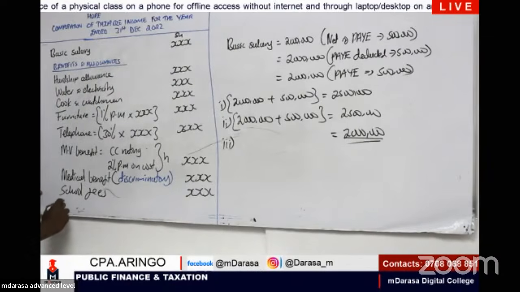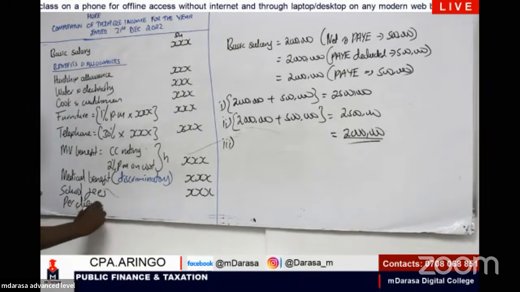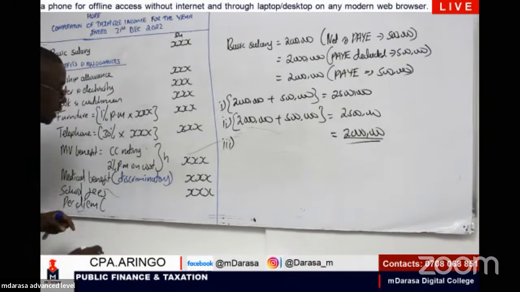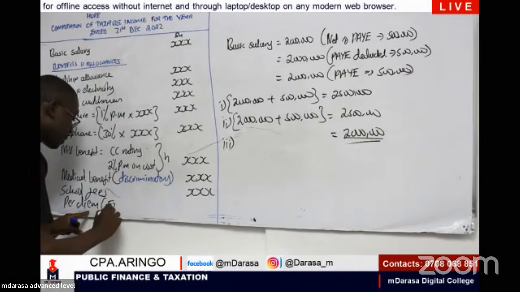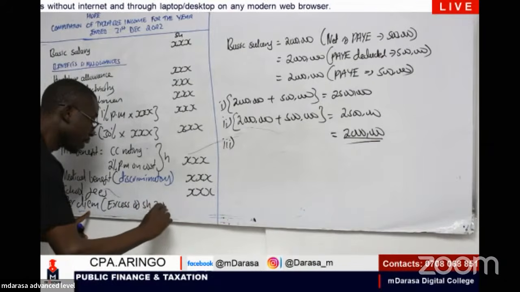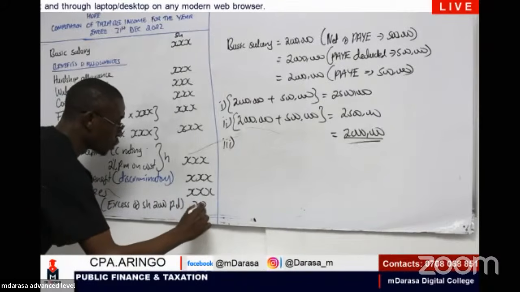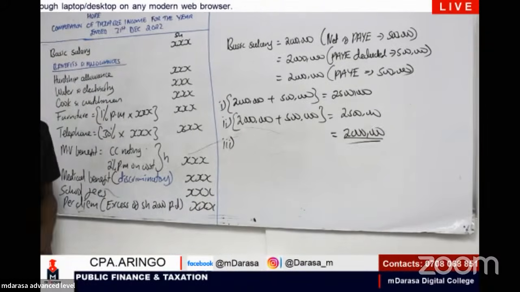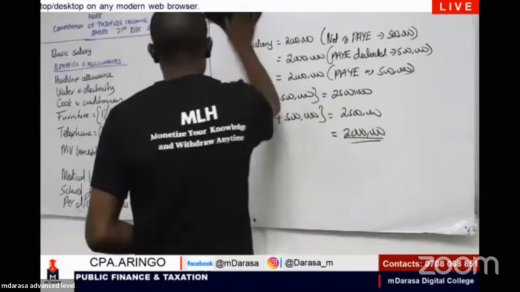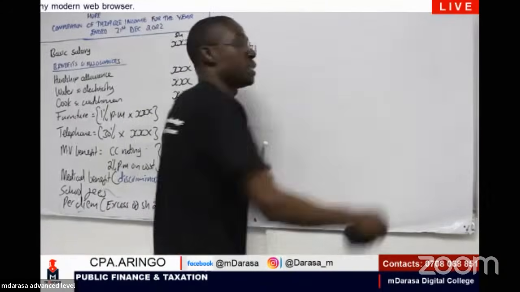Talk about per diem. Whatever that I'm supposed to put here is excess of 2,000 shillings per day. Excess of 2,000 shillings per day is what we are going to put there. You can clearly see whatever that I'm having here in our statement, we are just copying and pasting the notes that you had.